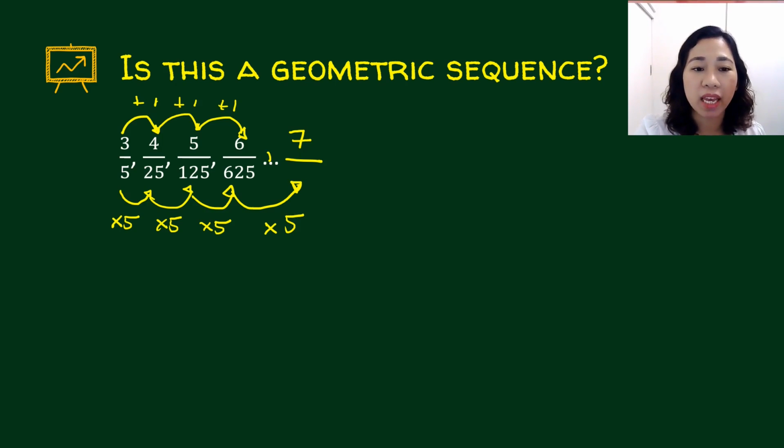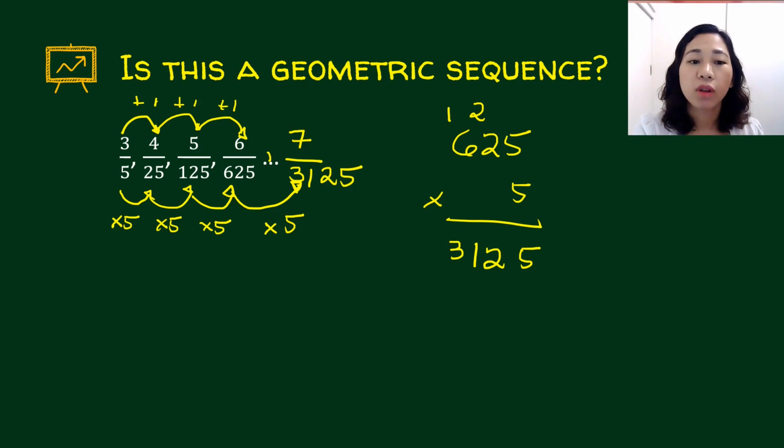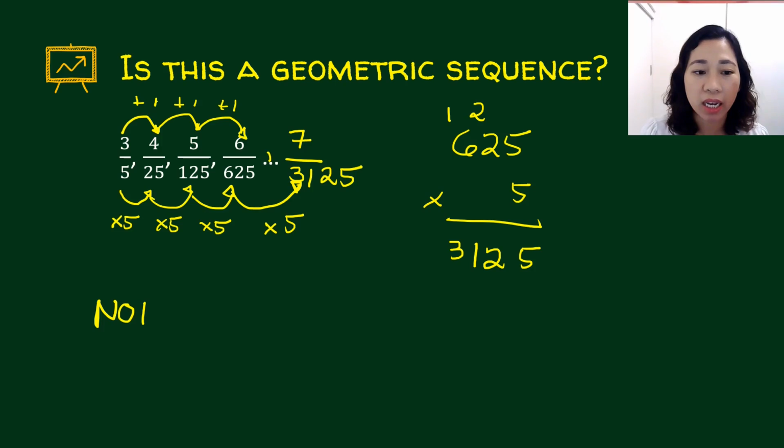So therefore, what will be the denominator on the next term? You multiply it by 5. So 625 times 5, you get 3,125. So although there is a pattern here, this is not a geometric sequence.